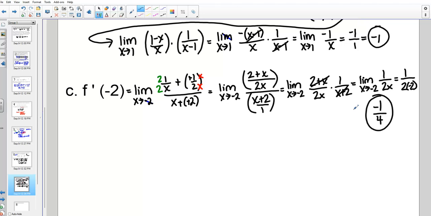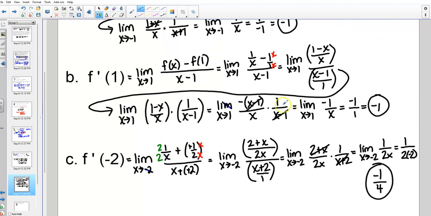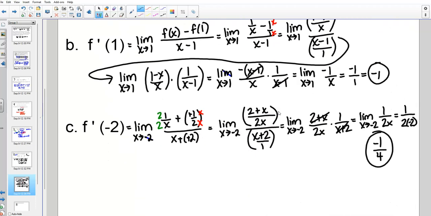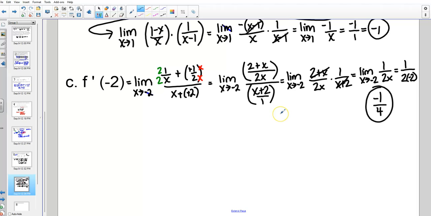Tomorrow, we're going to see a way that we can do this so that it works for all points, which is going to be helpful if they're asking you for more than one point, right? You don't have to do it over and over and over again. You'll be able to do it a different way. The limit definition at a point works when you're wanting a single point, but it becomes very repetitive if you need multiple points. So we'll see that tomorrow.